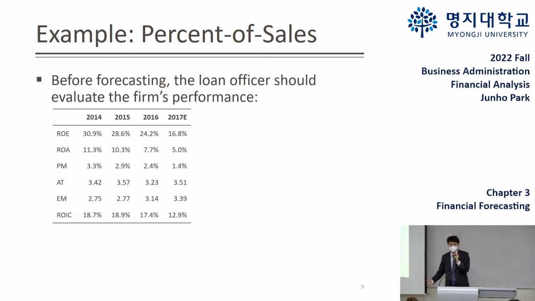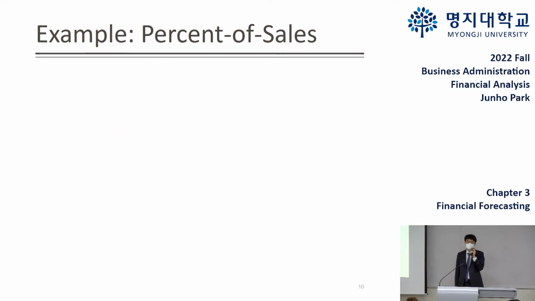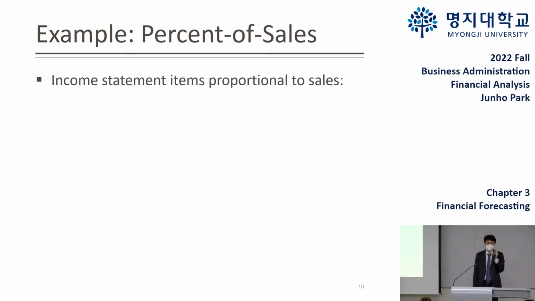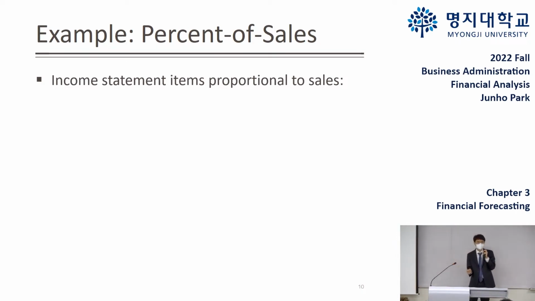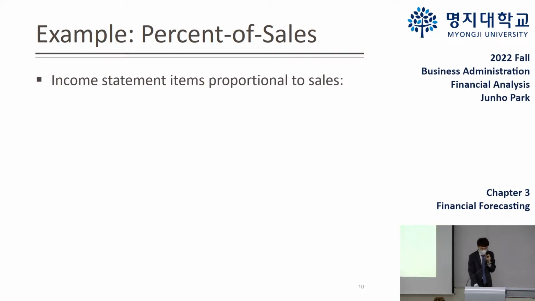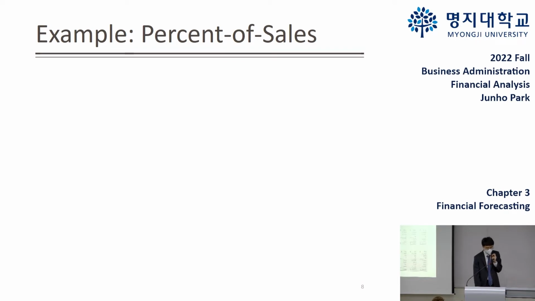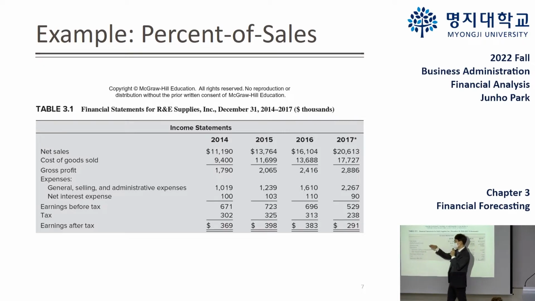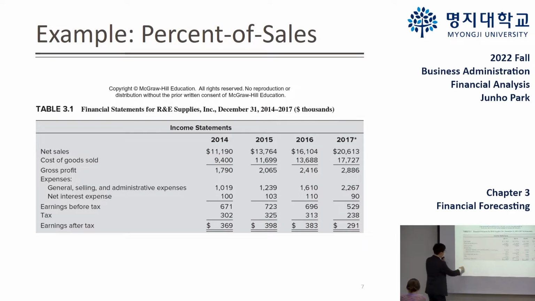So we are now going to use the percent of sales approach to make pro forma statements. So we start by selecting some financial items which are proportional to sales. So if we go back to the income statement, we have several items such as cost of goods sold and general selling and administrative expenses, net interest expense, and tax.